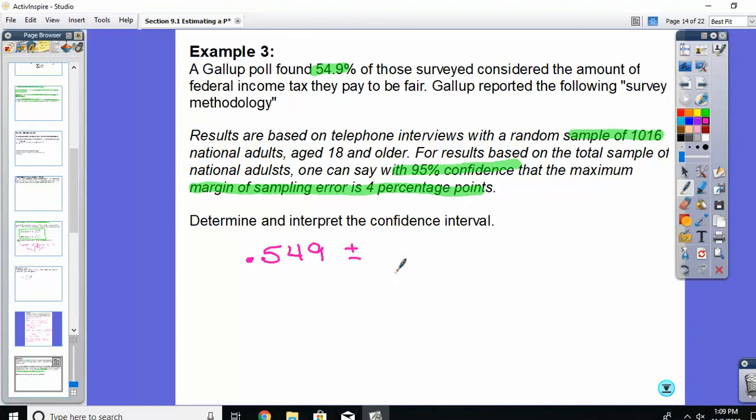What was my margin of error? 0.04. So basically, if I subtract 0.04, we get 0.509. If we add 0.04, we get 0.589. So this is the confidence interval.